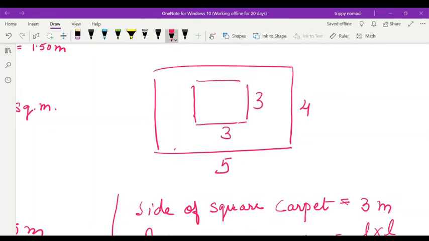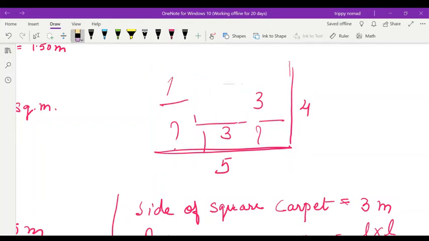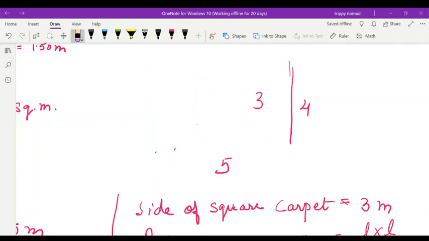So how will we get how much is left? This part is left. If the area of this one, where I am going to double the line, that is floor, the area of the carpet will be subtracted from the area of the floor, we will get this area where I am putting the question mark. Okay, so I have done the same. So I hope you will finish all these sums.